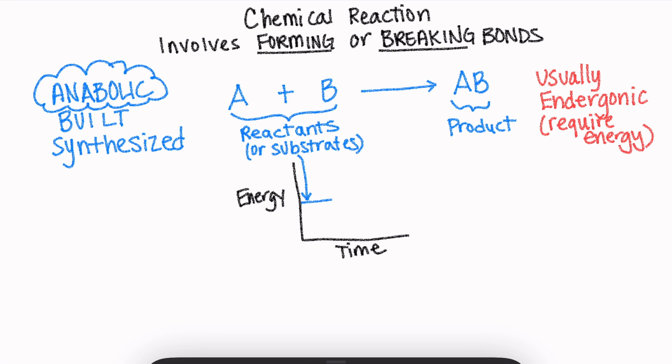Then the reaction proceeds, and you have to put in energy called activation energy to get it started. But then once it gets going, it will come back down a little bit, and the products then are right here and represent a higher amount of energy. So if I use this line right here, do you see how you actually have products that have more energy than the original reactants did?